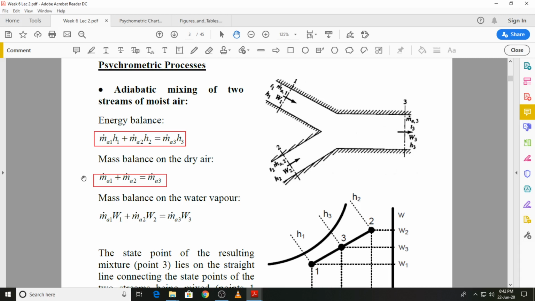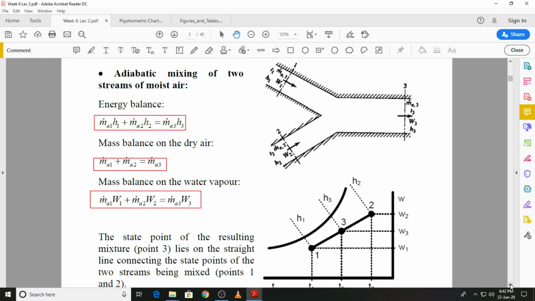That simple expression, m dot v is equal to m dot a into w, will be applied to streams 1 and 2 and the resultant stream at 3. That will give us the equation for the mass balance of water vapor for adiabatic mixing of two moist air streams.